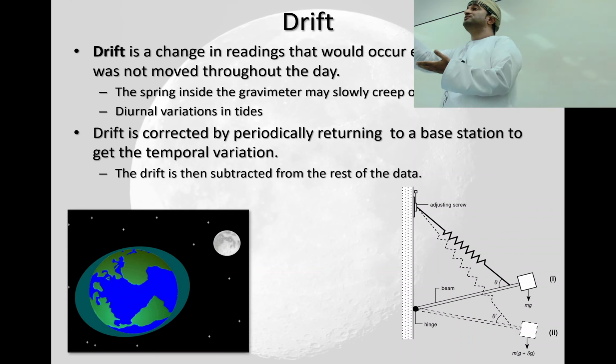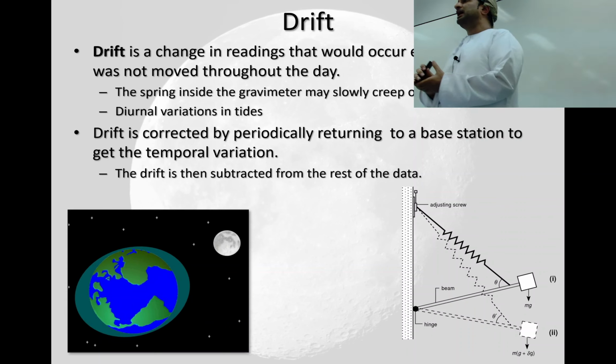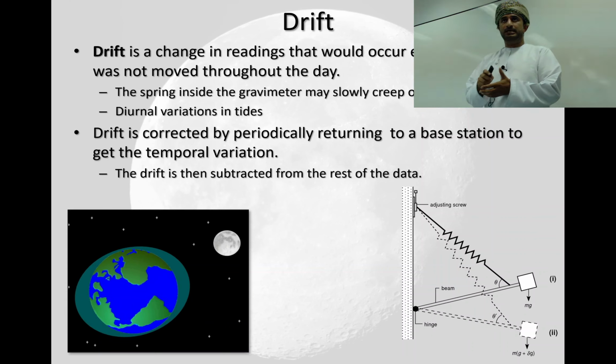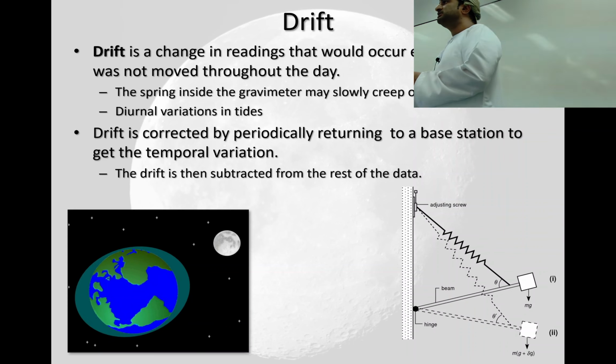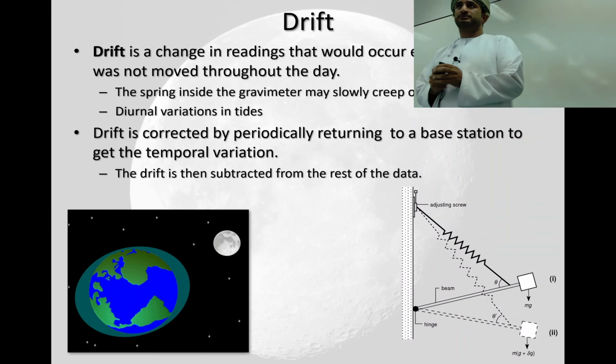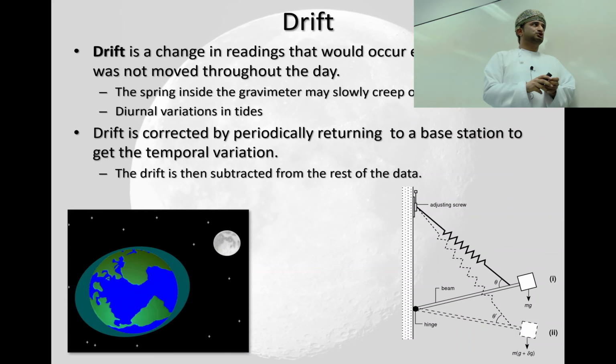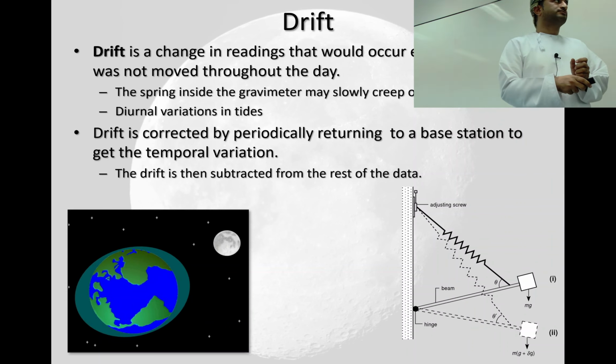If there is a change, it's certainly because there is either creep, where the spring constant is changing, or tide effects. I need to remove these two changes from the geological reasoning.